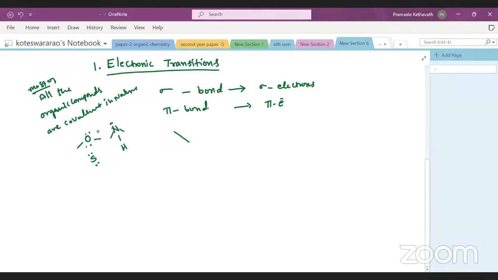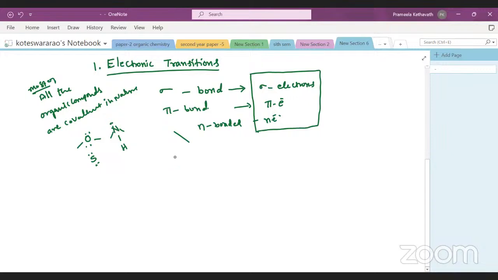These pairs of electrons are called lone pairs of electrons. These are also indicated as n, nonbonded electrons, n electrons. These three kinds of electrons are generally seen in organic molecules.